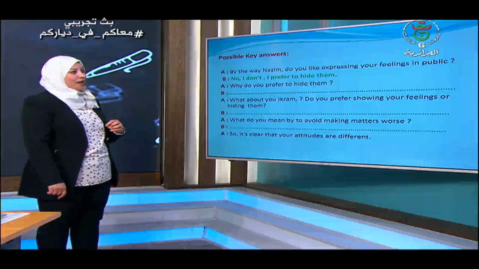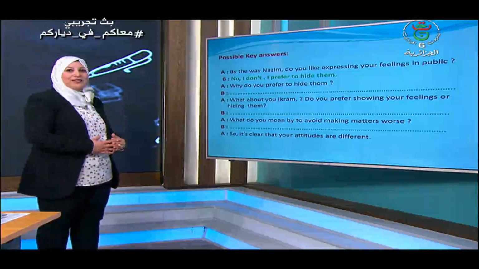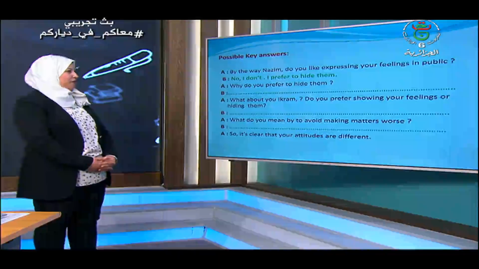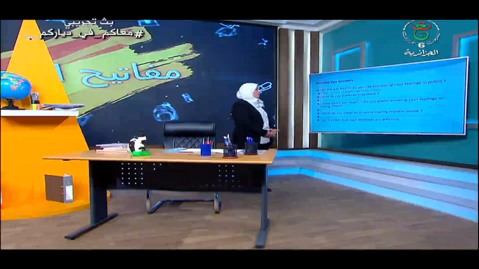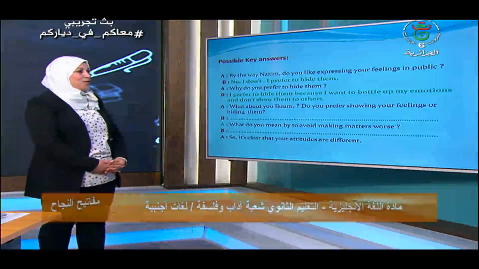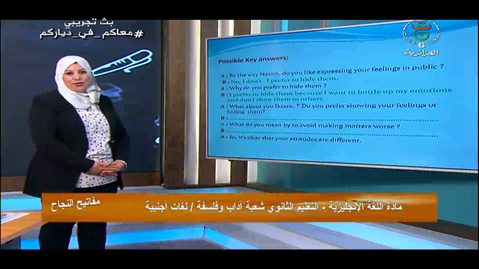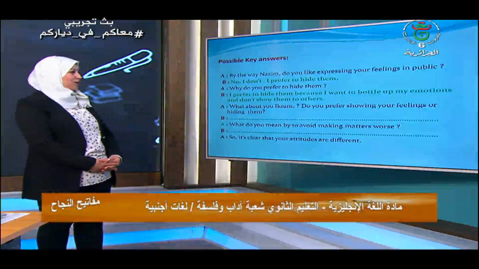I prefer to hide them. So Nazim is more about hiding than showing his feelings. Why do you prefer to hide them? Well, he says, I prefer to hide them because I want to bottle my emotions up and not show them to others. Now, what about Ikram?